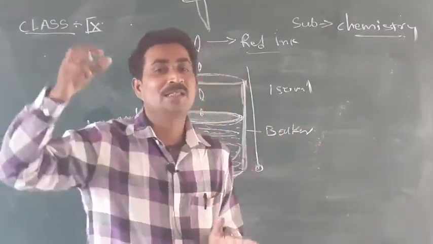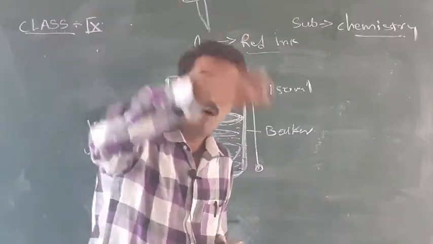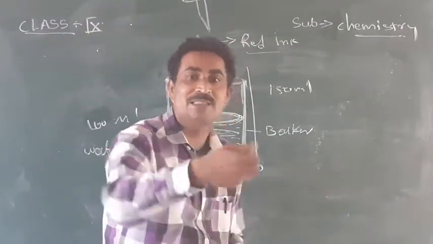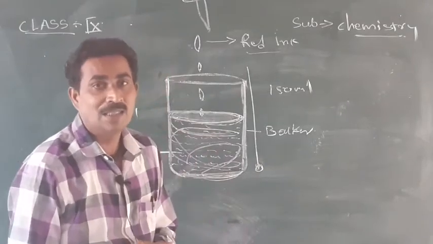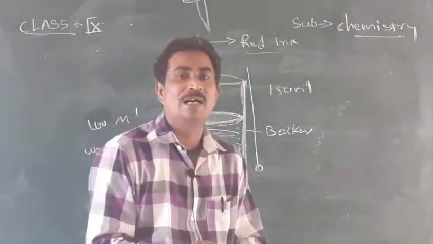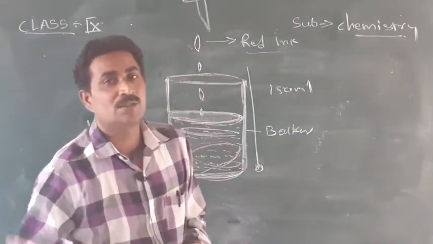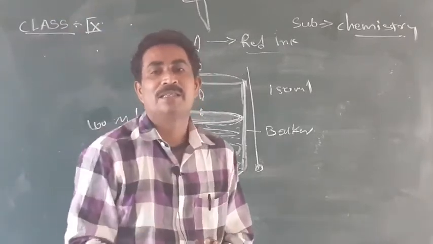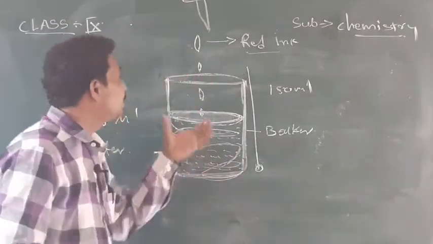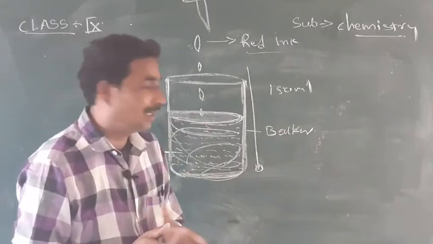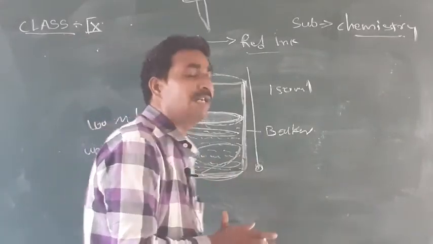When movement goes from the upper layer to the bottom layer, that we call osmosis, and when it goes from lower layers to the upper layer, that we call diffusion. But we want to come back to our topic and see what we learn from this activity.